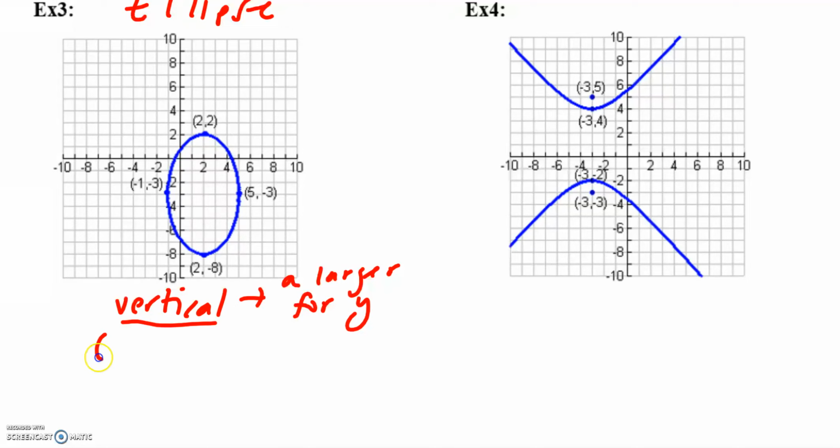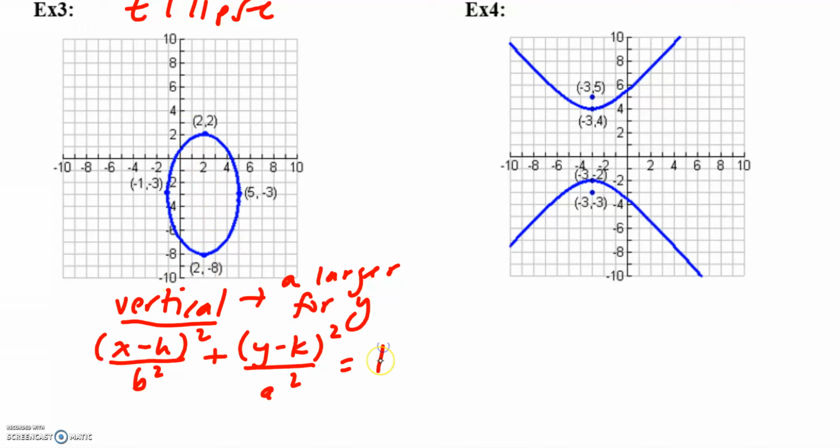So if I wrote the general equation for an ellipse, we'd have x minus h squared over, now, because this is vertical, the a would not go here, so this would be b squared plus y minus k squared over a squared, because a goes with the larger axis, the major axis, equals 1. So again, I need to find my a, I need to find my b, and I need to find my center. So I'm going to draw what I think the major and minor axes are.